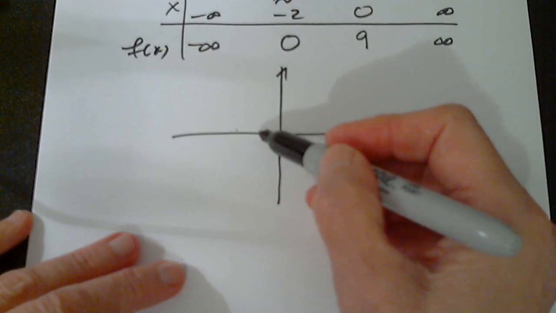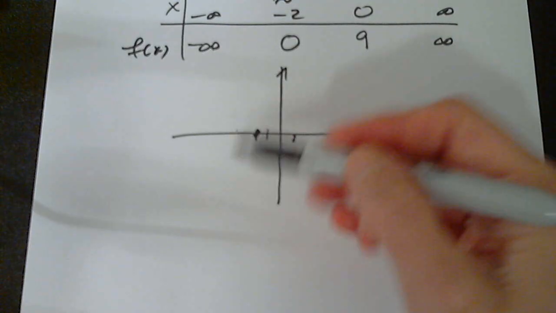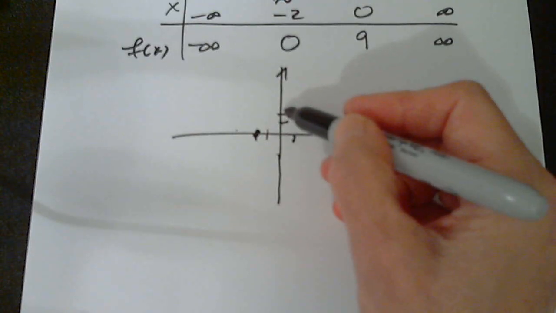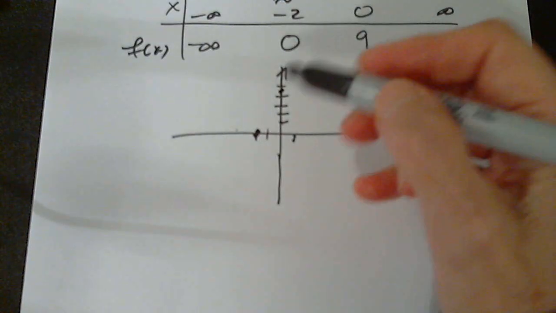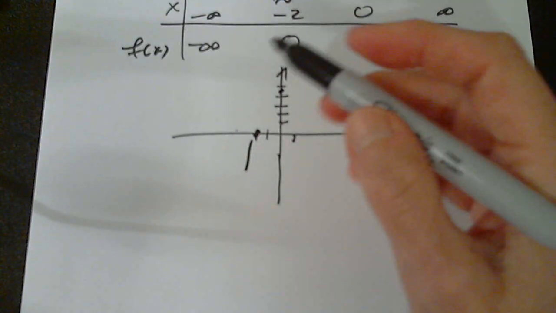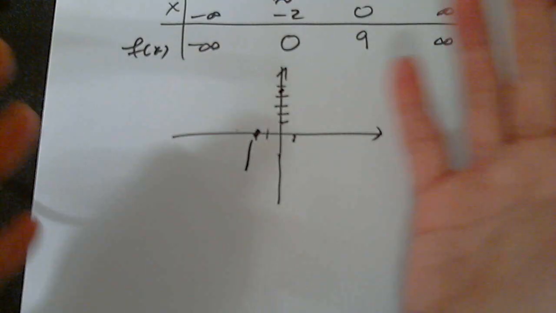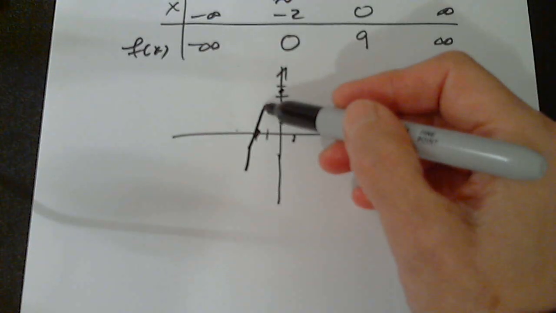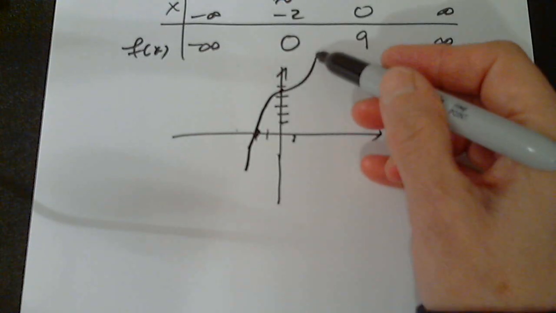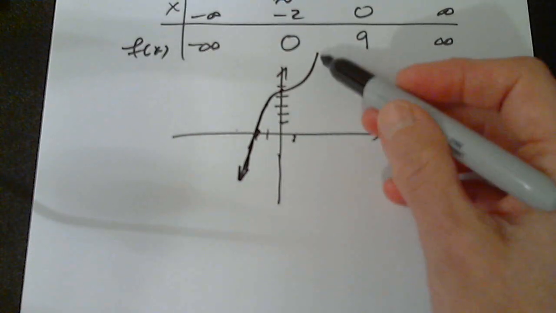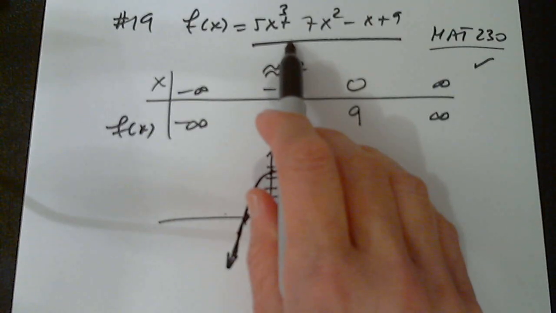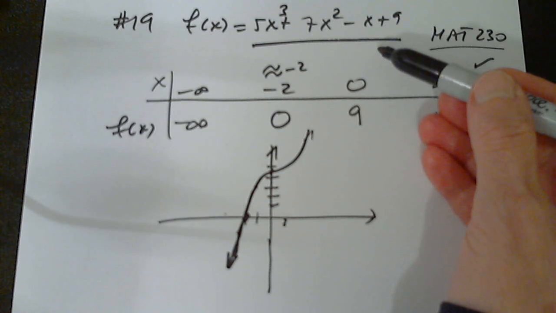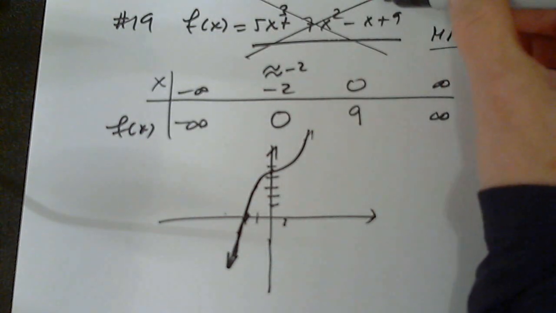So it crosses at -2. So the function is coming from -infinity. At 0 it is 9. So we will not know, and I'll show you with the graph, but we have to use a graphing calculator. We will not know what the function is doing. Probably it is doing this. That's why this function is not listed in the set of exercises for graphing. So you're not going to have something like this to graph.